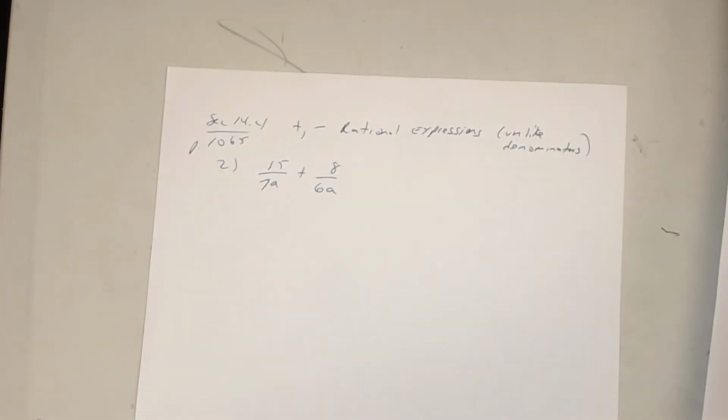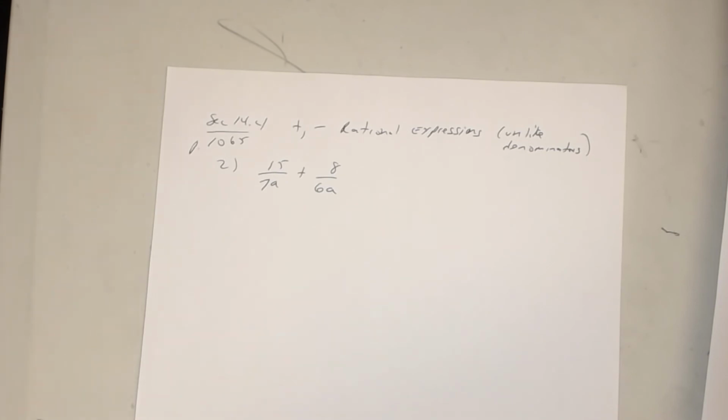Okay, now listen to the process. When adding or subtracting rational expressions, before I can combine them into one, what must happen? Denominators have to be the same. Are those denominators the same? No. So then I have to find the least common denominator.